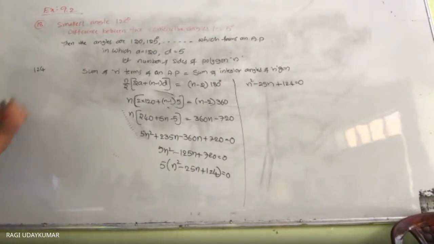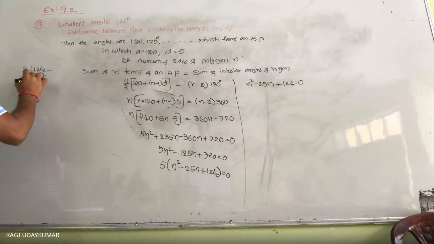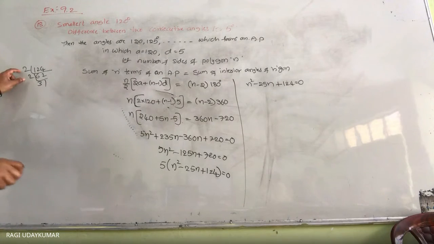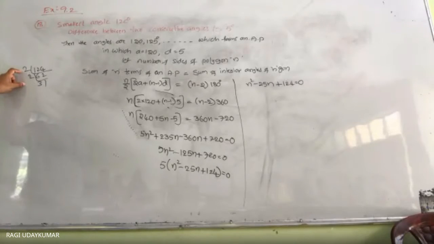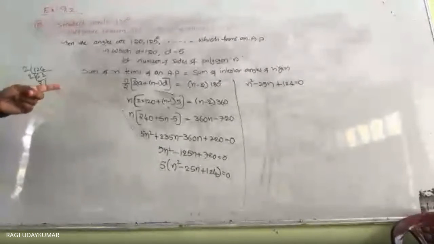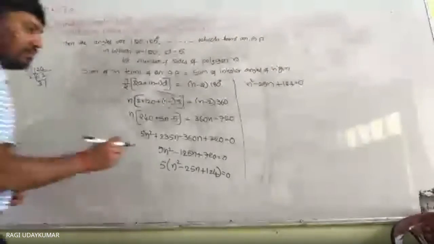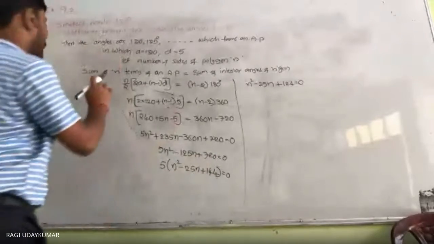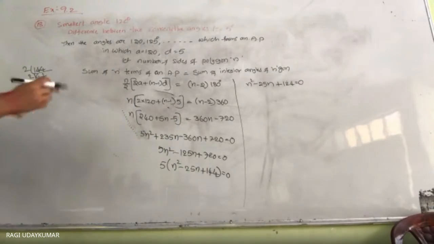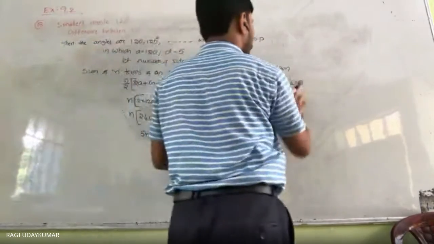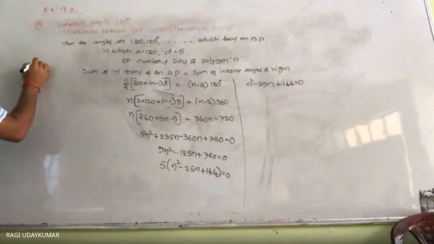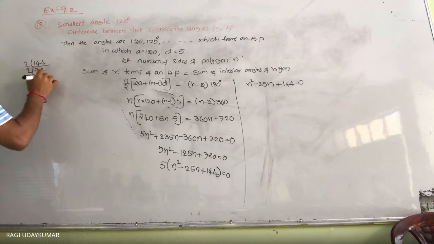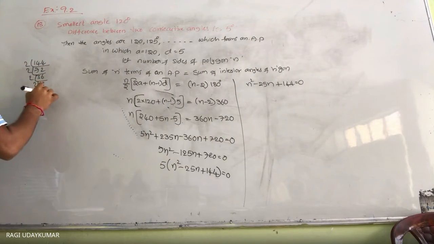144 को factorize करना. 144. So 144 factorize कर: 2 72s, 2 36s, 2 18s, 2 9s, 3 3s.